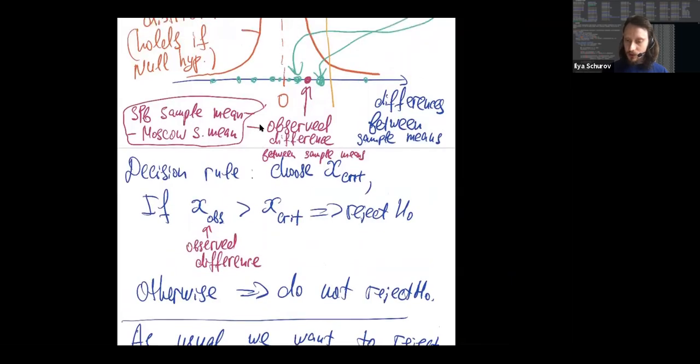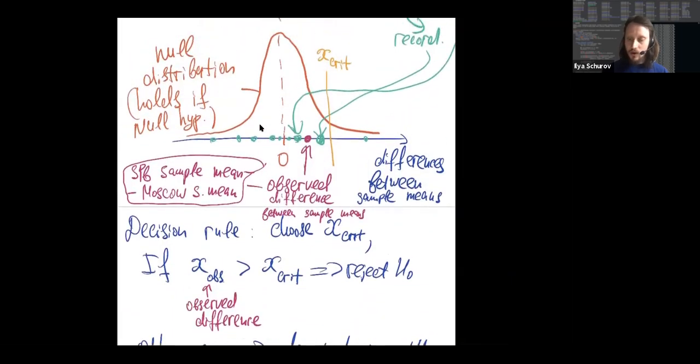And now we have a way to choose this X critical. We understand that if the null hypothesis holds, then our observed value is distributed according to this law.